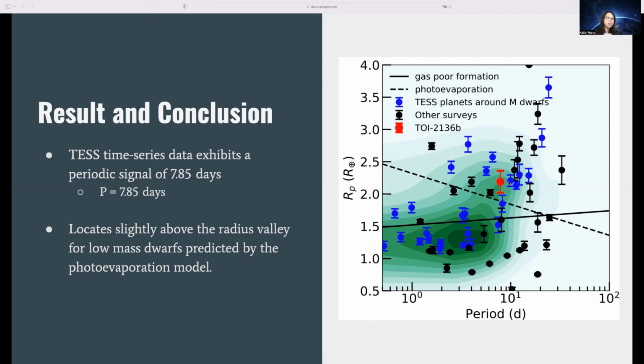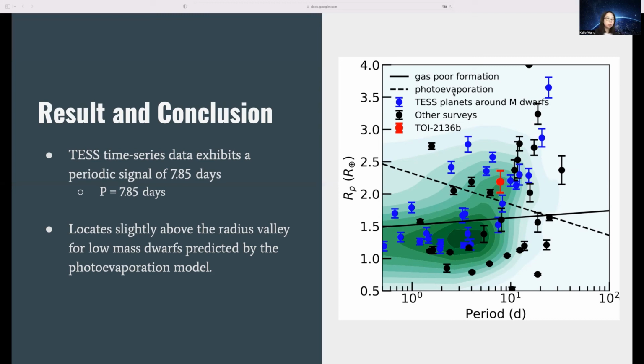And personally, I think it's very interesting because it falls into the small planet orbiting low mass star category, but it's even closer to the model predicted by the photoevaporation model, which is suitable for planets orbiting a sun-like star. But as I said in the previous presentation, the dominant mechanism is still unclear and it's an ongoing discussion topic.